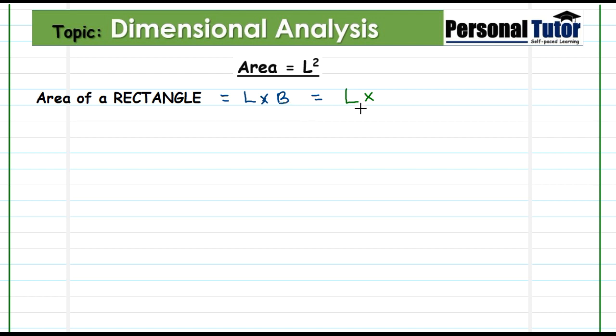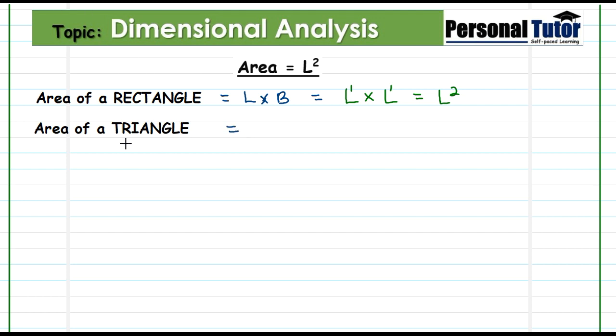We said breadth also has the dimension L. Now L times L is equal to L squared by the rules of indices. Since the bases are equal, the exponents are 1 and 1. Therefore, as the bases multiply, the exponents are added, and that is why it is L squared. So that is it. Area has L squared. Let's try another shape, and that is the area of a triangle.